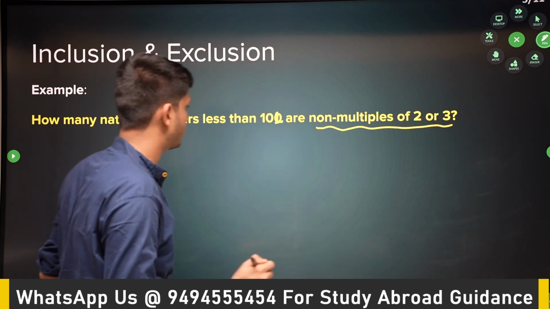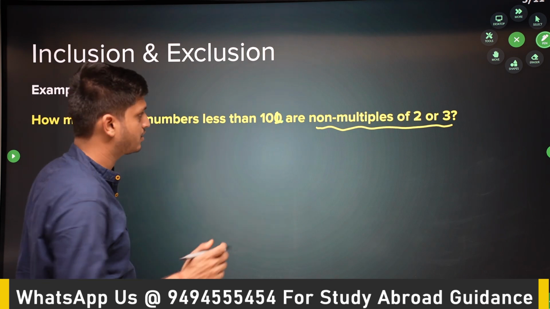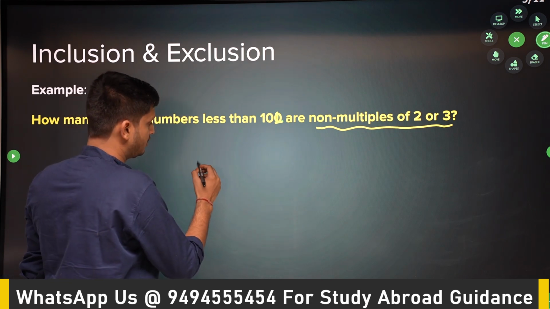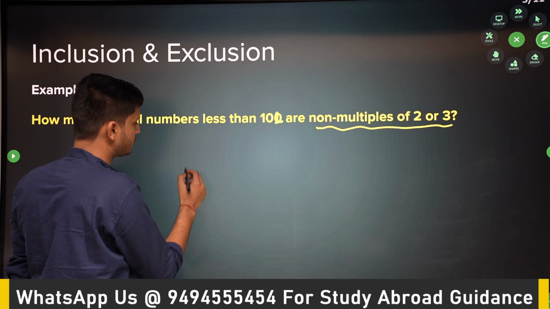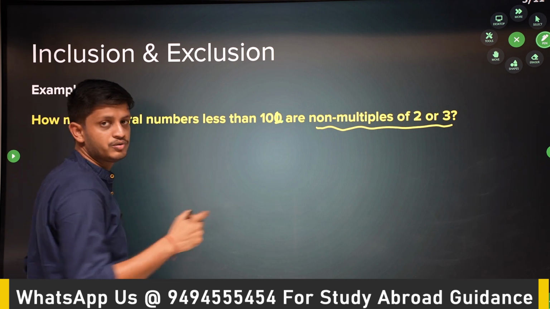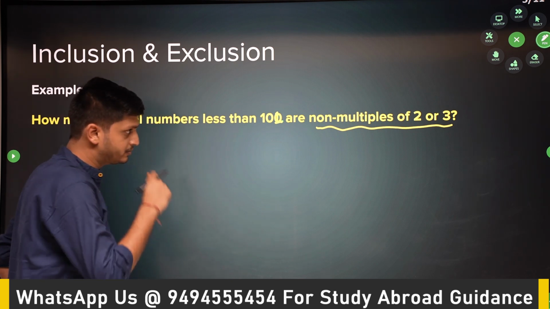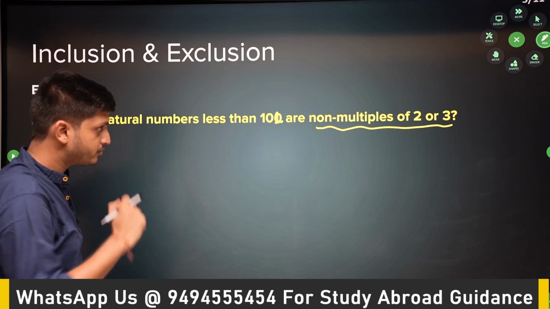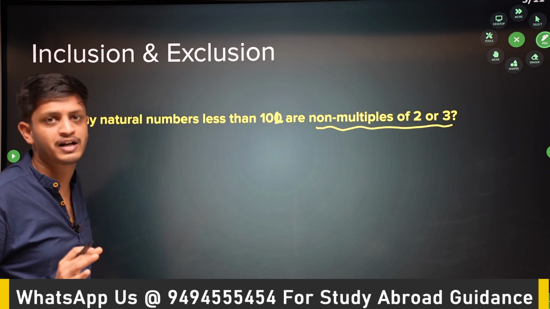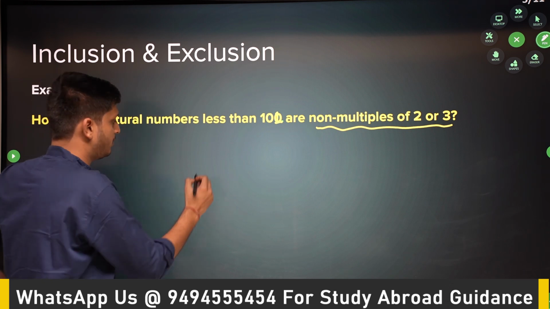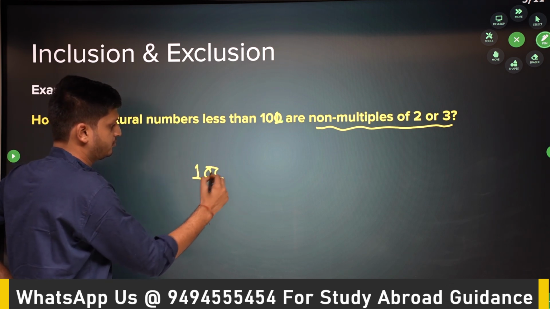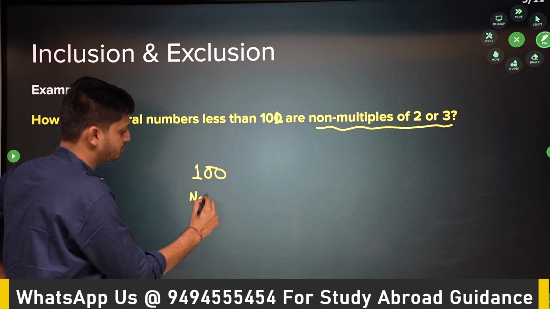So now very simple, okay? Use inclusion-exclusion. So what do we want? We want all the numbers which are not divisible by 2 and they should not be divisible by 3. So firstly, how many numbers do I have between 1 and 100? I have 100 numbers. These are all natural numbers.